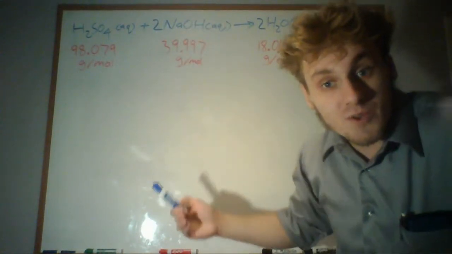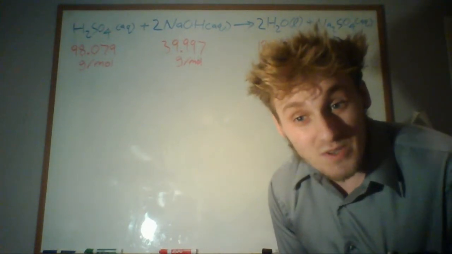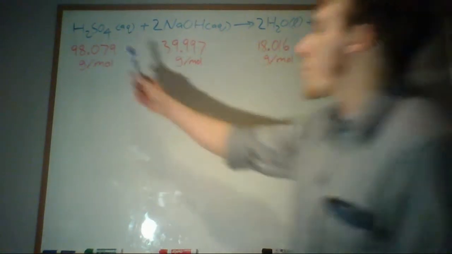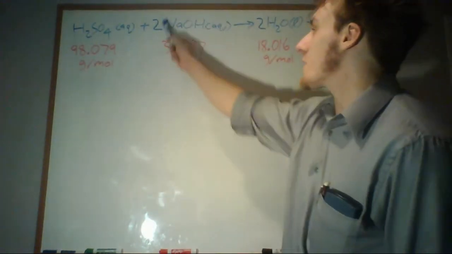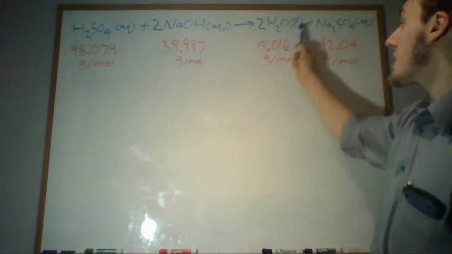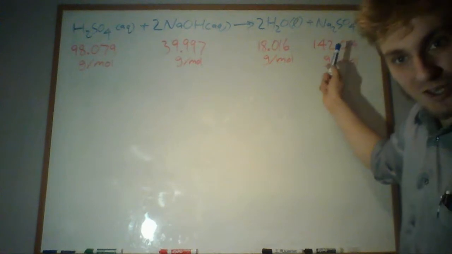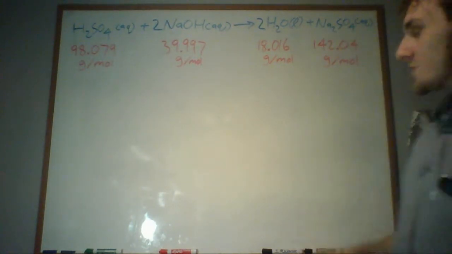And I say formula units because sodium hydroxide isn't really a molecule, it's more of an ionic compound, right? So for every 1 molecule of sulfuric acid, we'll need 2 formula units of sodium hydroxide. And that should produce 2 molecules of water and 1 formula unit of sodium sulfate.